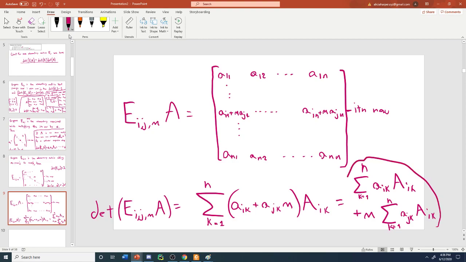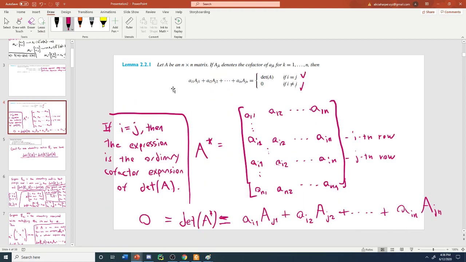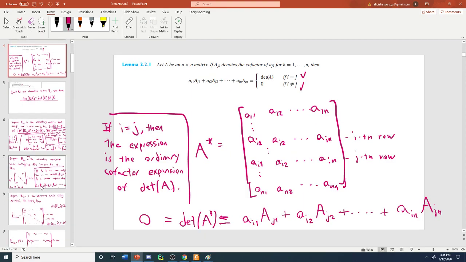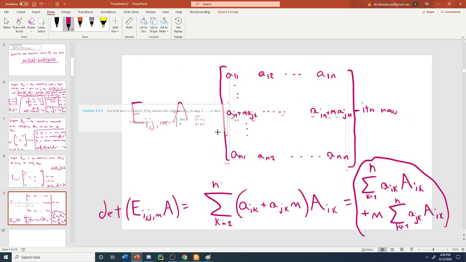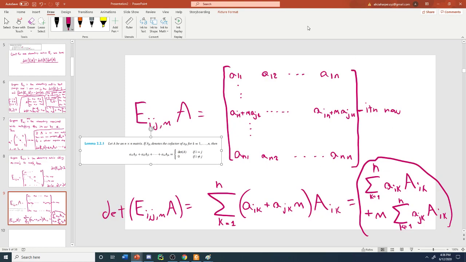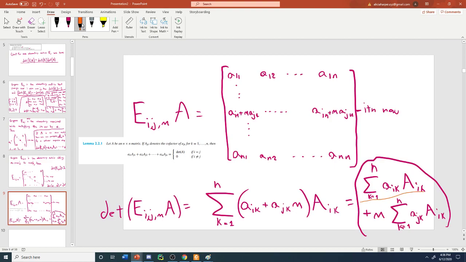Now, we can study this expression. And the way we'll study it is we'll go back to the statement we proved earlier, namely lemma 2.21. Now, this lemma tells us some things. It tells us that the first term right here is actually just going to be equal to the determinant of A. But it also tells us that because i is not equal to j here, this second sum is going to be equal to 0.